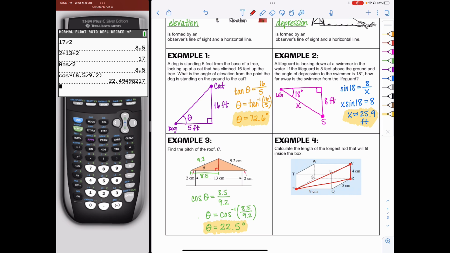Basically, I need to use the Pythagorean theorem to figure out this information.